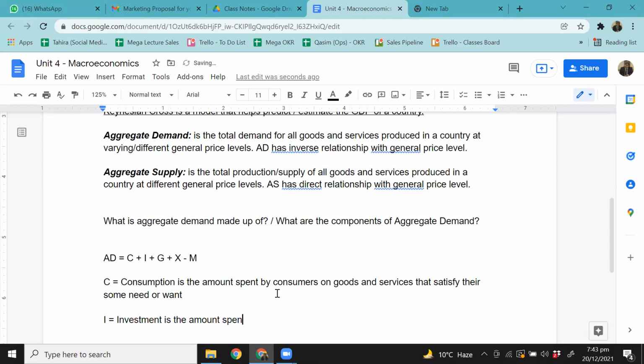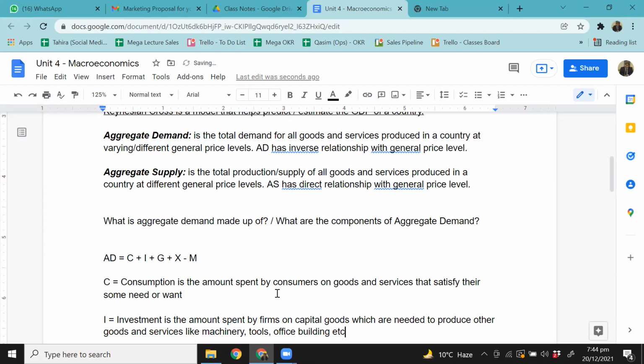Spending on capital goods, to produce other goods and services, like machinery, building, office building, etc. We good on this?